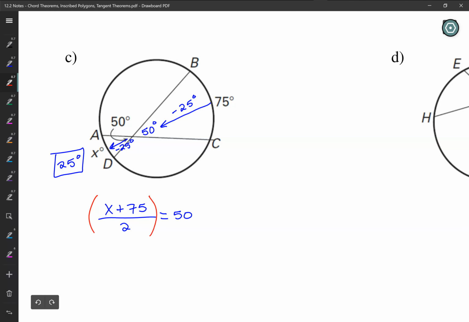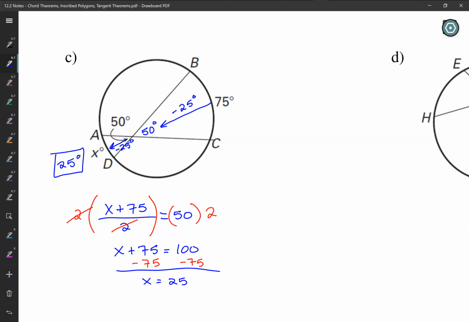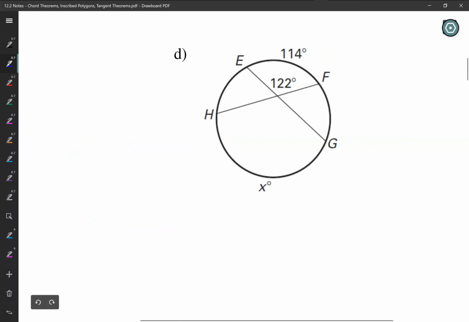First, you have to multiply both sides by 2 to cancel that out. And you get x plus 75 equals 100. And then you have to subtract 75. And that gives you x equals 25. It takes so much more time. I would never bother doing that. It takes a ton more time.